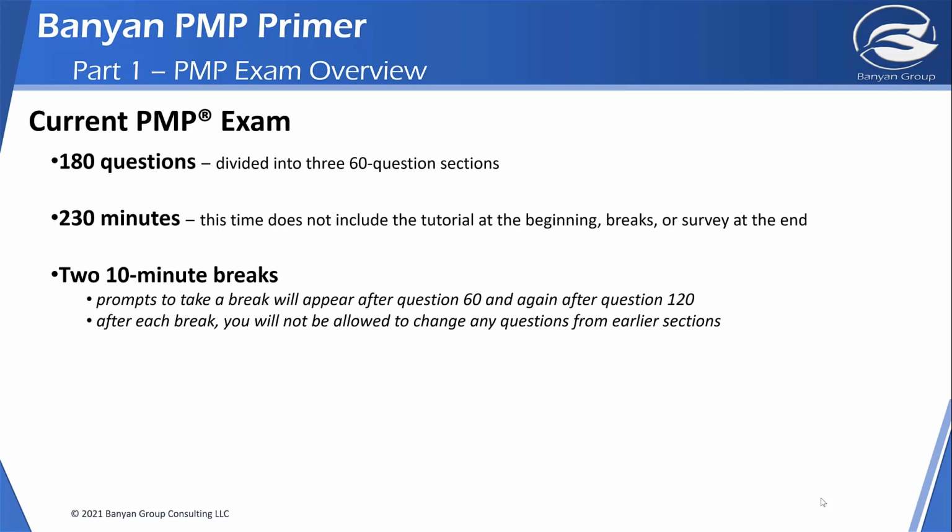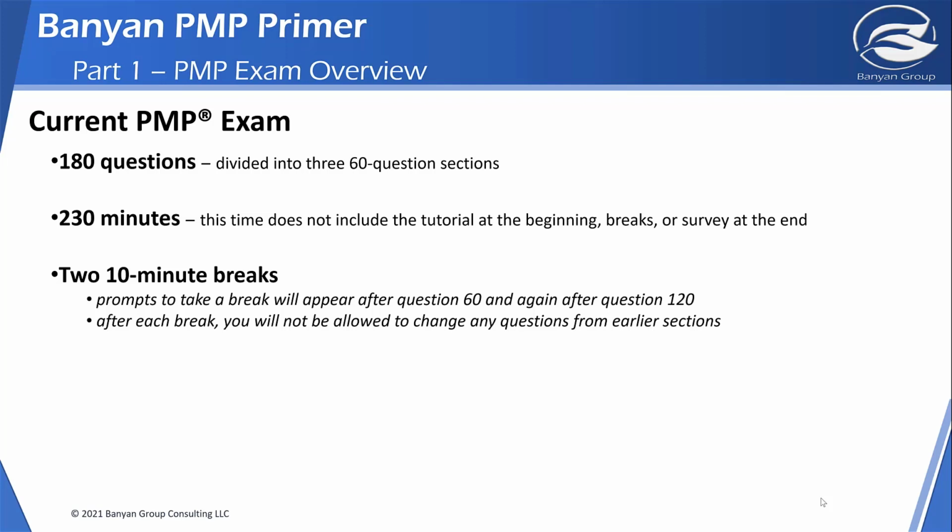Why do they do that? Because they don't want people to step out of the room, go to their textbook, look up answers that they're not sure about, and come back and change their answers on the exam. And so this is kind of a new development in the exam. Before COVID, we only had testing centers. PMP exams were not offered as an online at-home option.